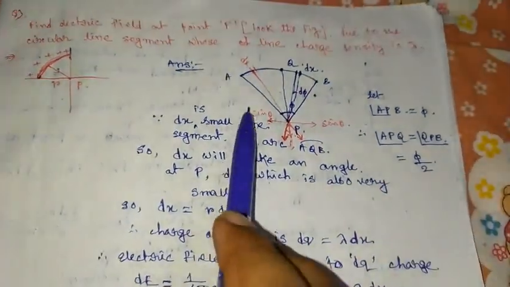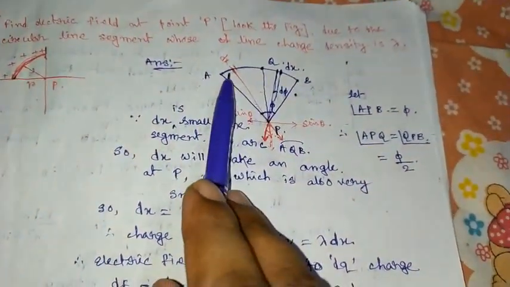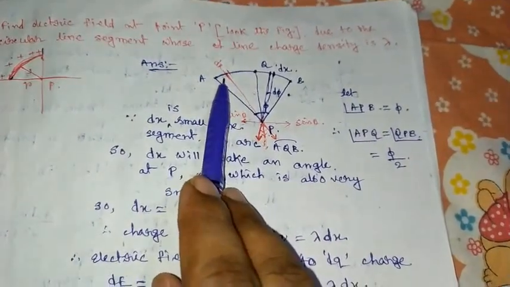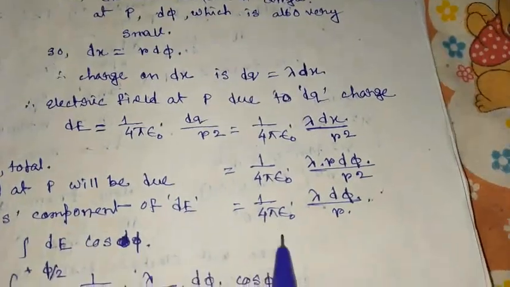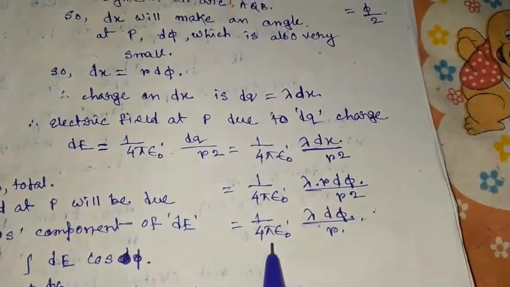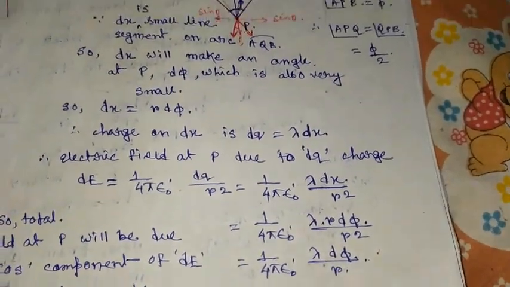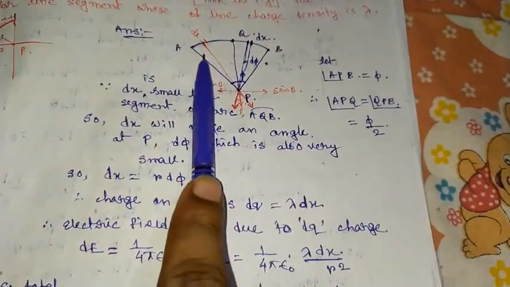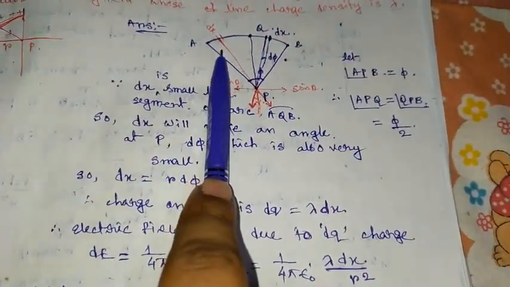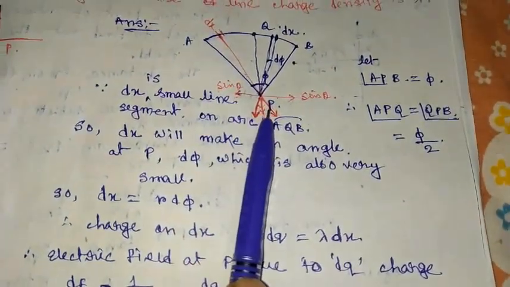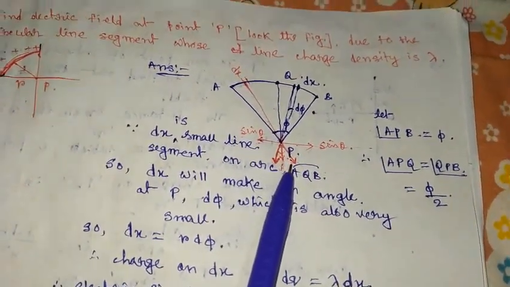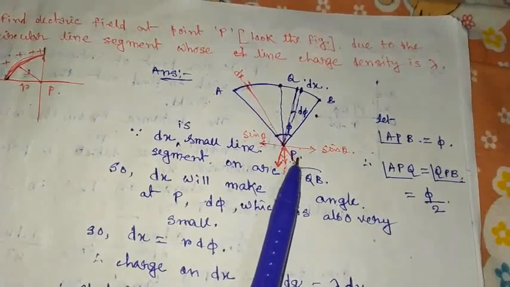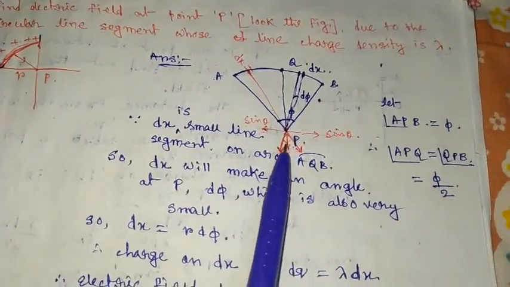Similarly, if we consider another dx on the left side of point Q, whose value will be the same, 1 by 4 pi epsilon naught lambda d phi by r, the electric field at point P due to this dx element will be in this direction, and this can also be divided into two parts.